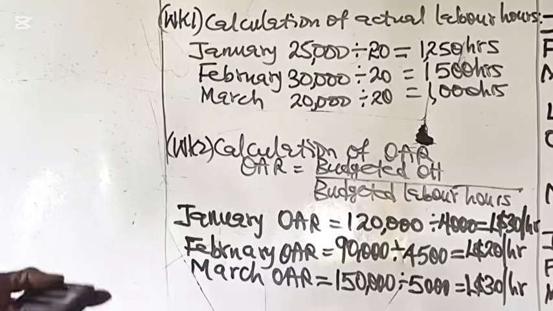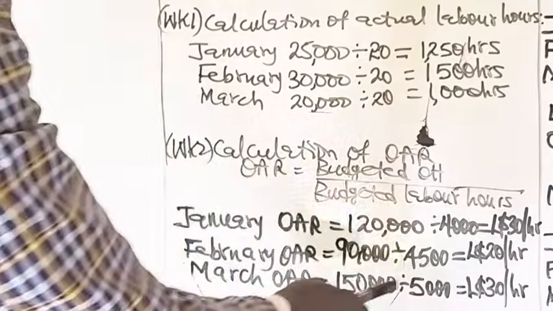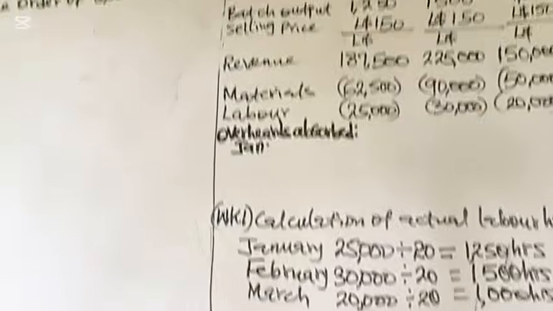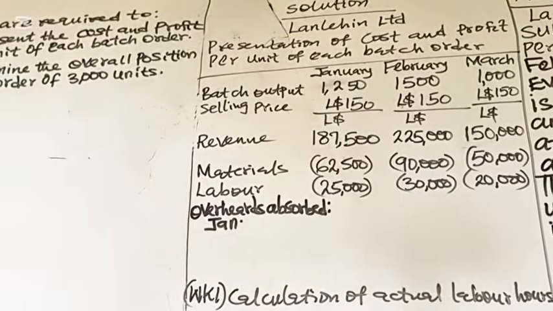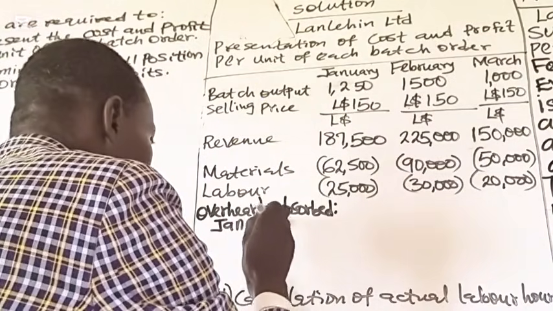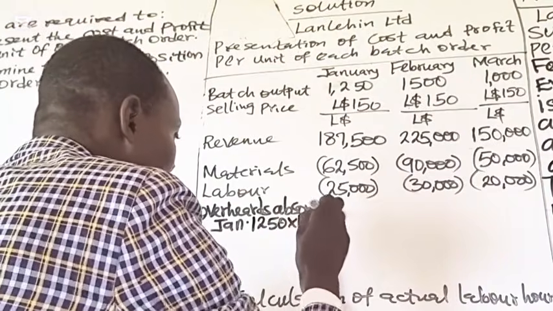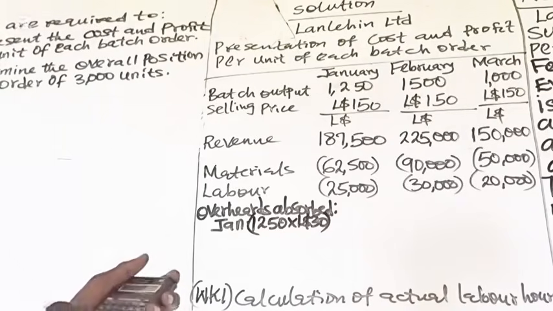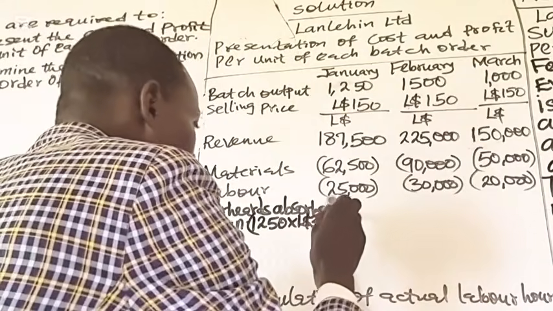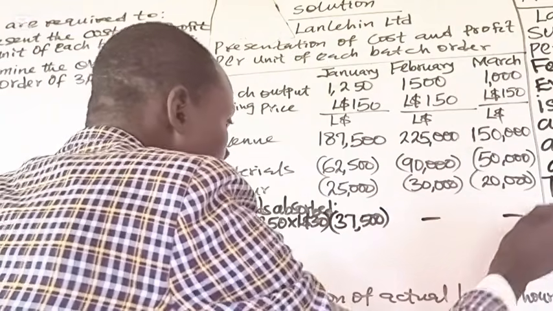If 1,250 labor hours were used and the overhead absorption rate in January is 30, you have 1,250 times 30, that gives us 37,500. That is the amount absorbed to the product in the month of January.